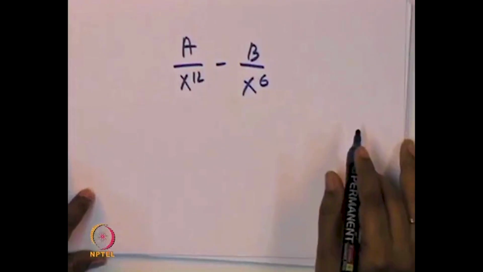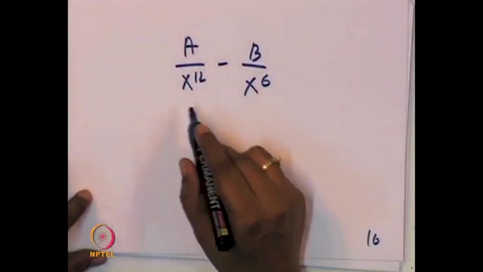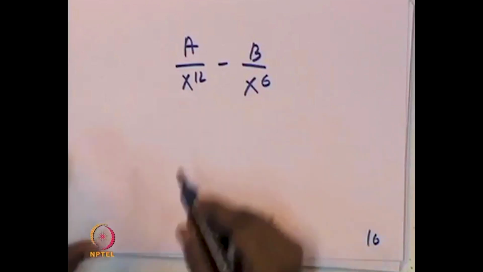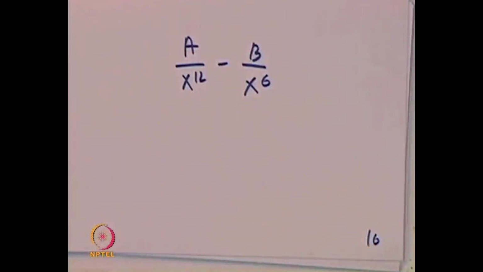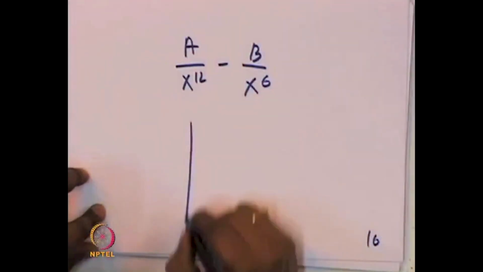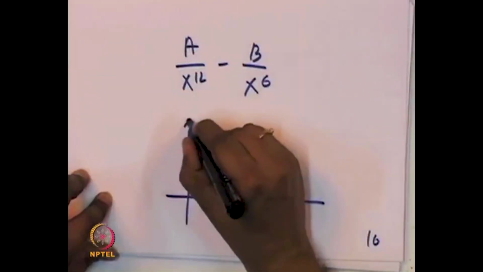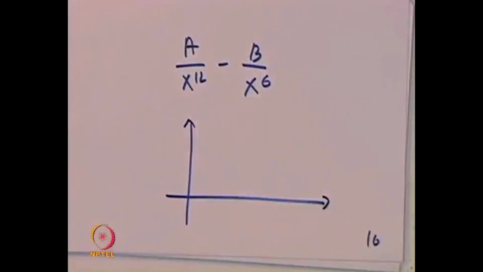This is our function, and if you put x equal to infinity, what happens? But now one thing I should tell you: we are plotting this function which represents the distance between two atoms, the interaction of two atoms. When you say two atoms, the closest they can come together is 0. There is nothing called a negative distance between the two atoms.